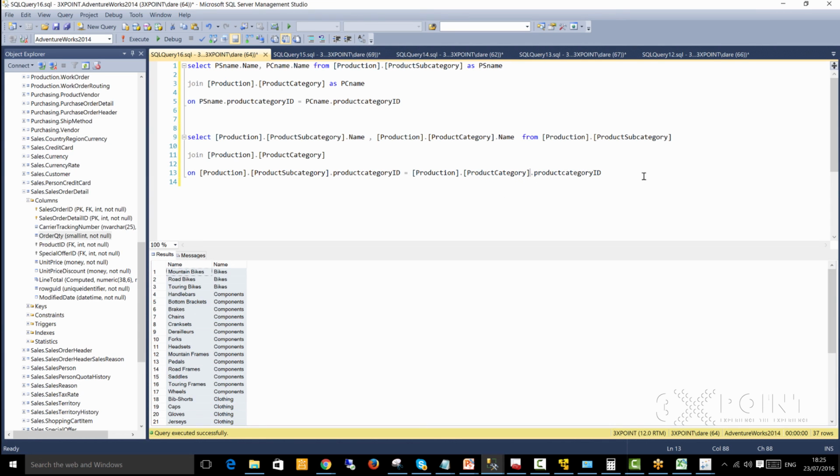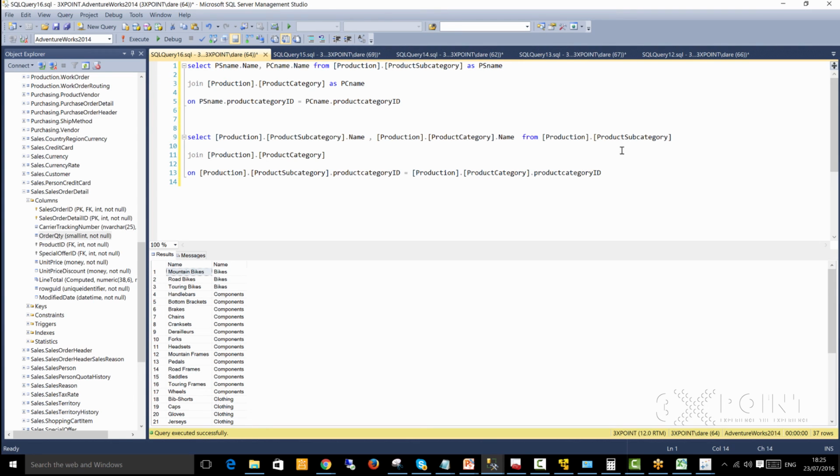And now you would have your data. So it's not different from this. The same thing. The only difference is that here you have used an alias PS to replace this.